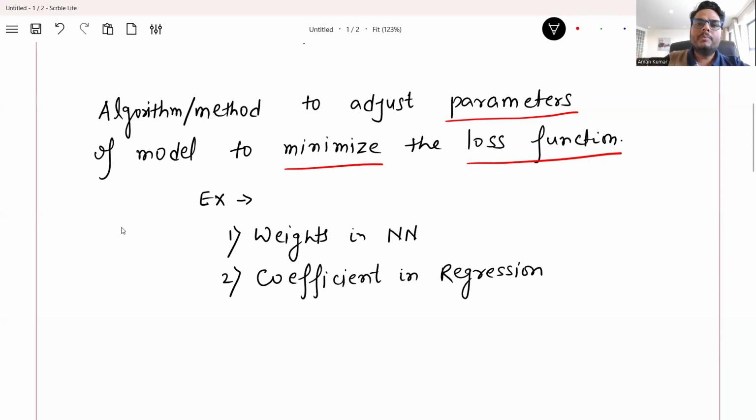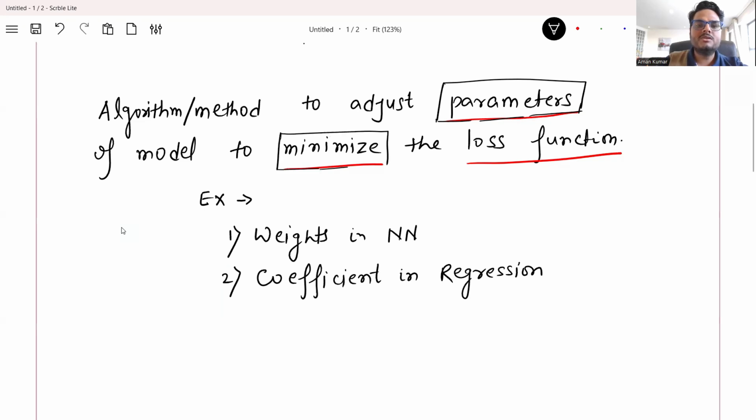So parameters of a model are nothing but what you are trying to obtain when you say that I am fitting a model, or when you say that I am learning the pattern. That becomes your final model.